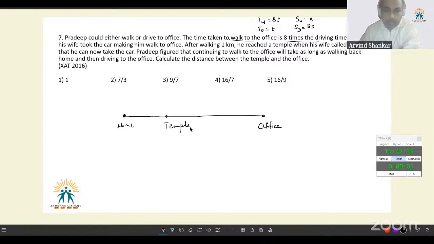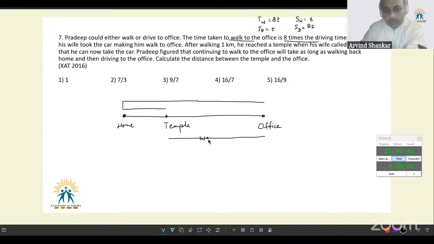He figured, if I went back walking and then took a car, versus if I kept on walking, in either case it would take him identical time.